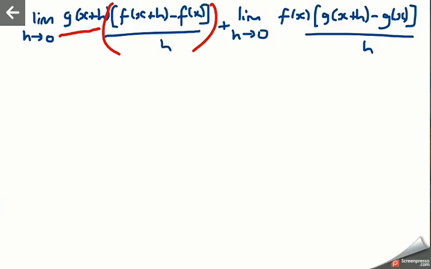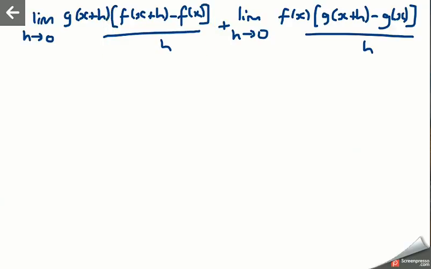Now, if g of x plus h is getting closer and closer towards some number, and if this thing is getting closer and closer towards some number as h gets closer and closer to 0, then the limit of that product must get closer and closer to the product of whatever those two things get closer and closer towards individually.